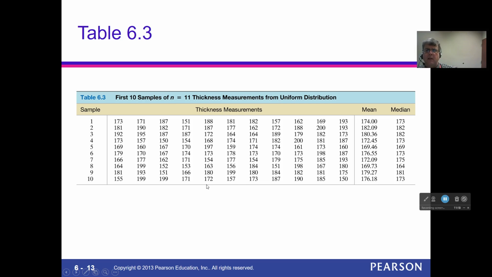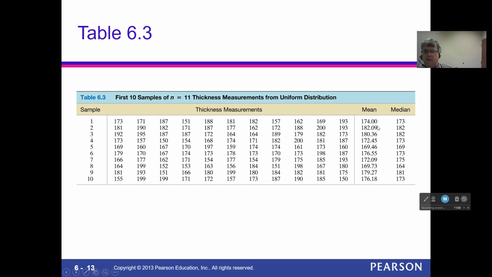Now, the way we look these things up, depending upon what type of problem we're doing, are based on the underlying distribution or assumptions about it. One of them is a uniform distribution. You can see here that if we take a sample of a certain size, the first 10 samples of n equals 11, thickness measurements from the uniform distribution, okay?